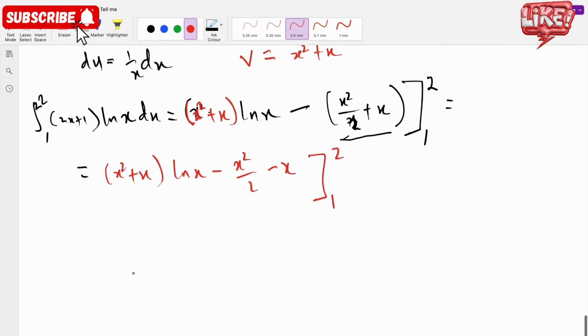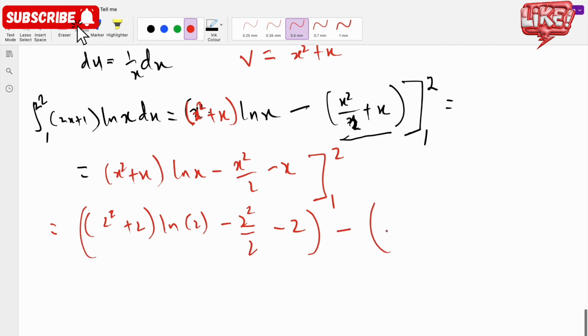So if you substitute, you have (2 squared plus 2) natural logarithm of 2 minus (2 squared over 2 plus 2), right, minus what? (1 squared plus 1) natural logarithm of 1 minus (1 over 2 plus 1), right?